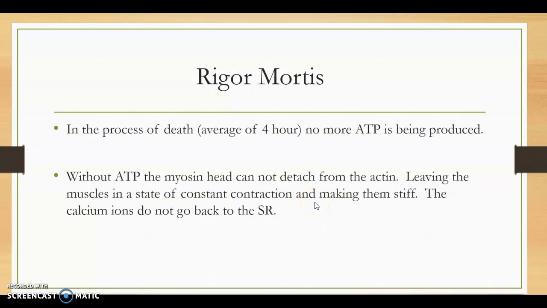So hopefully none of us have felt a dead body, but if you would, the muscles are really stiff right after death because the myosin heads cannot detach. The calcium ions don't go back to the sarcoplasmic reticulum, so it just is stuck in the contraction state until eventually your body starts to break down. After an average of 4 hours or more, there's no more ATP, and we're in that contracted state.